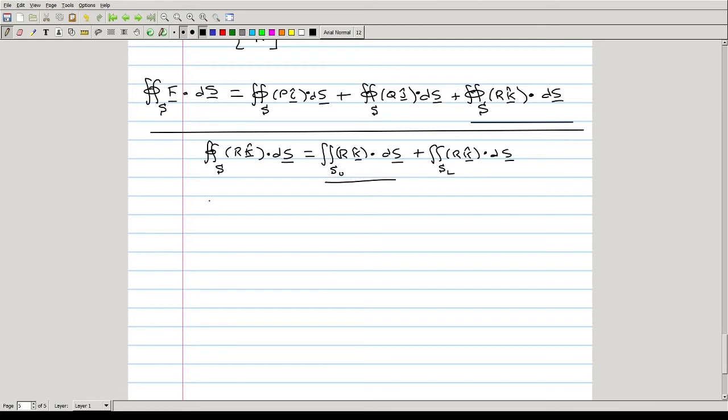So let's focus on one of these, the surface integral over S upper.